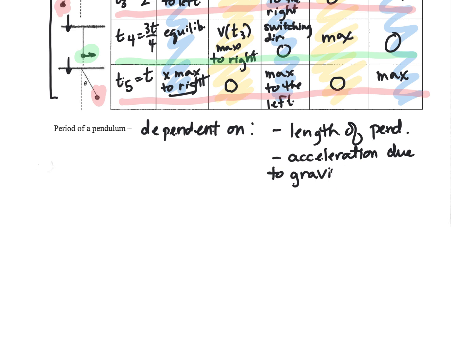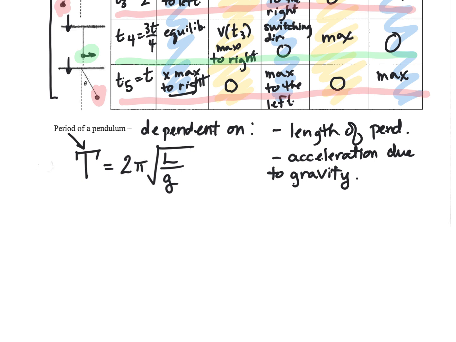The formula is big T for period. So period is big T. It is equal to 2 pi times the square root of the length divided by gravity. So gravity is going to have an inverse relationship. If gravity is higher, the period is lower. Think about that.